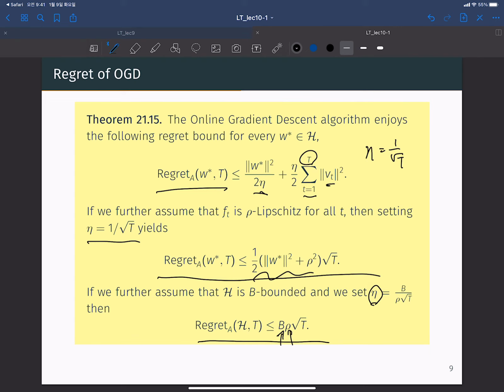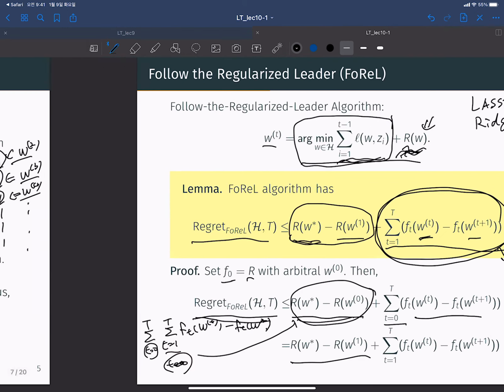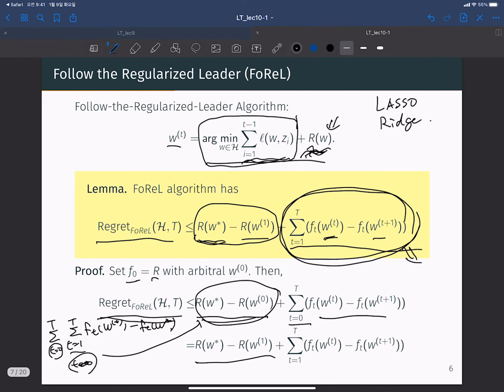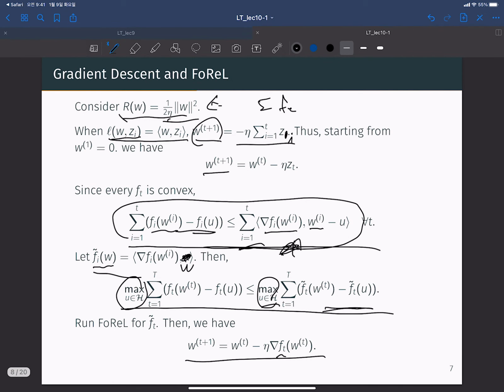Okay. And since this is a very general result, this result includes this case as well, right? When we follow the regularized leader rule using this L2 norm square regularization function, the update rule follows the online gradient descent rule.